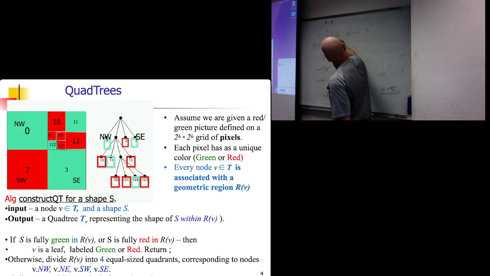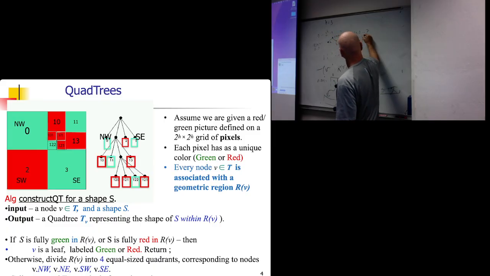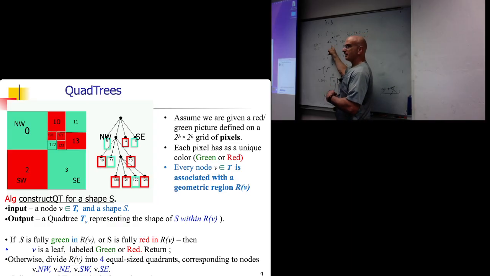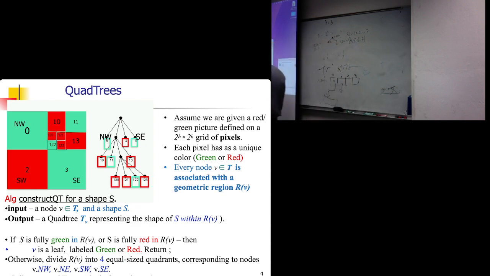And W, R of W, would be the numbers 4, 5, 6, 7. And I continue recursively. So there is no pixel here at the middle. There is nothing that is on the boundary. They're all integers. What's the maximum height of the quadtree?